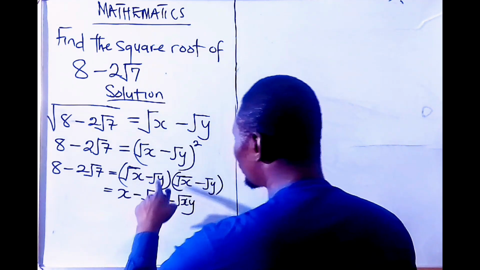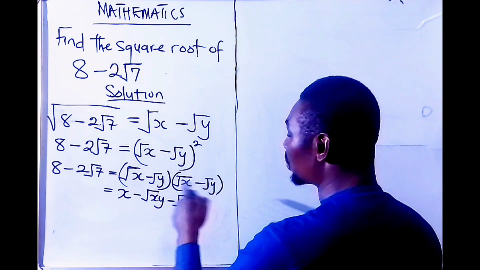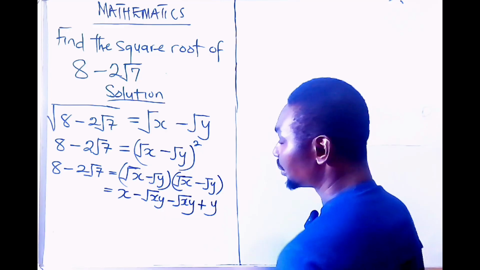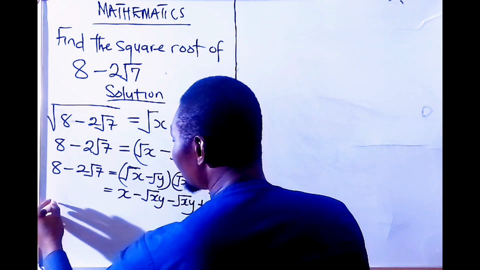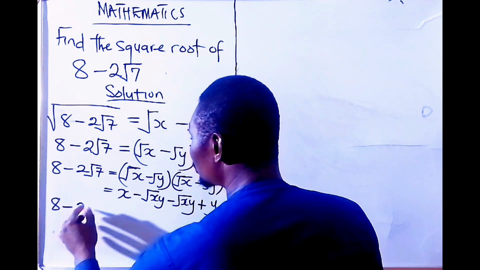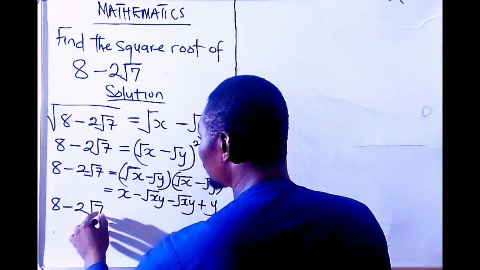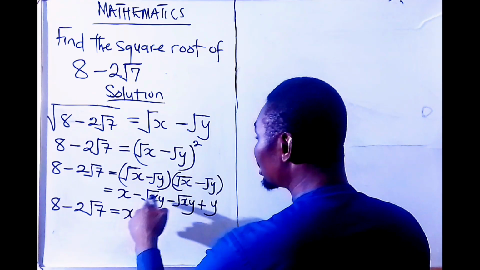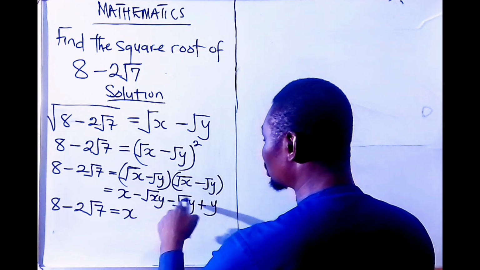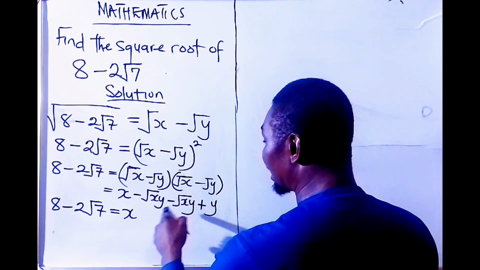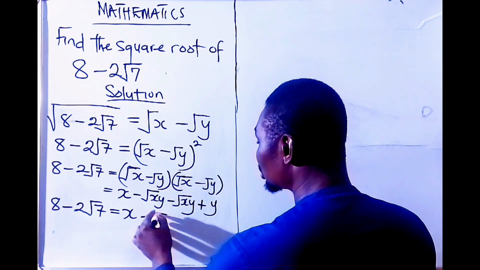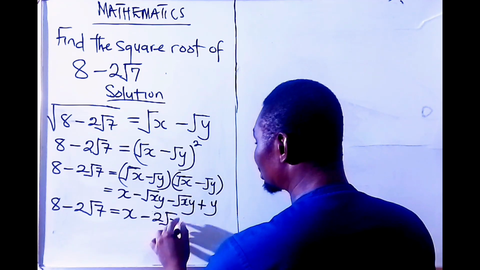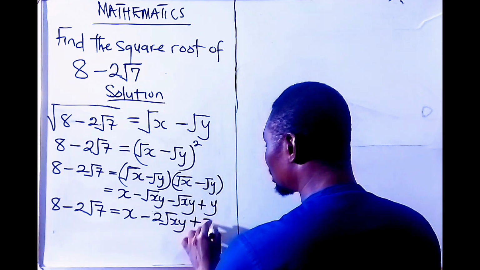Then minus the square root of y times minus the square root of y is plus y. So here we have 8 minus 2 root 7 is equal to x minus the square root of xy, minus the square root of xy will give me minus 2 square root of xy, plus y.